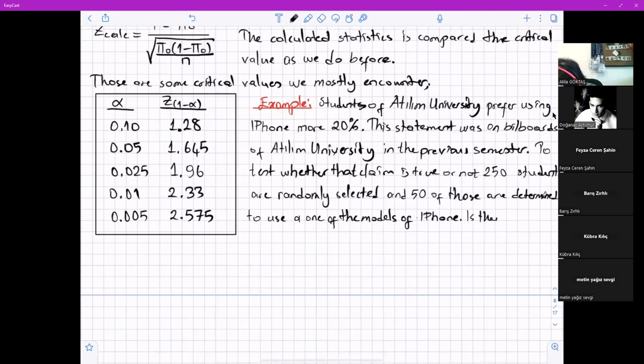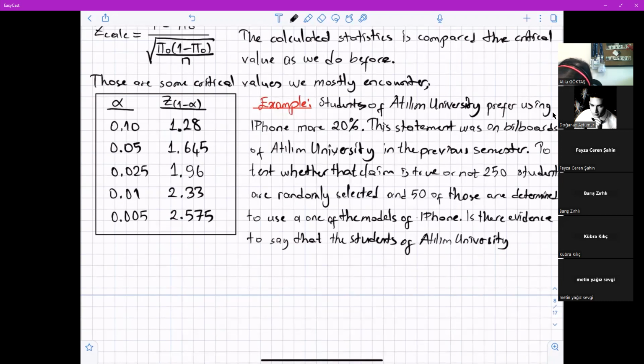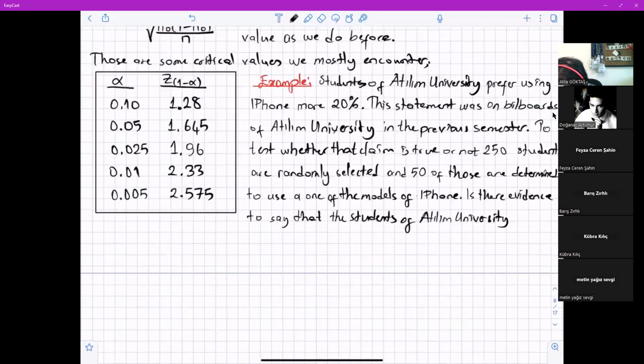Is there evidence to say that the students of Atılım University are using iPhone with more than 20%?